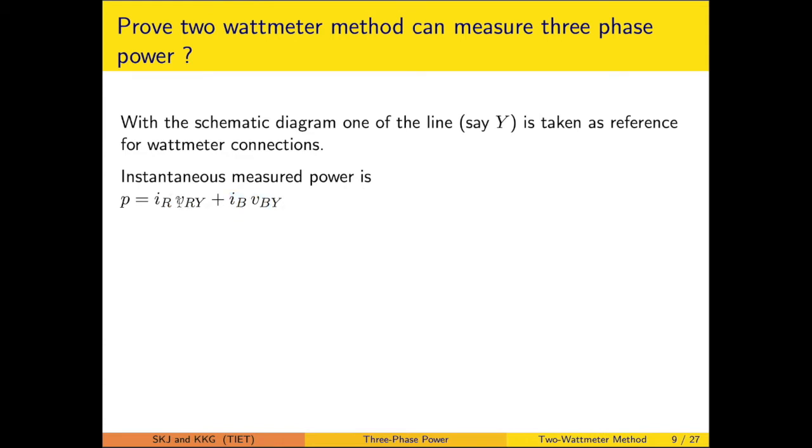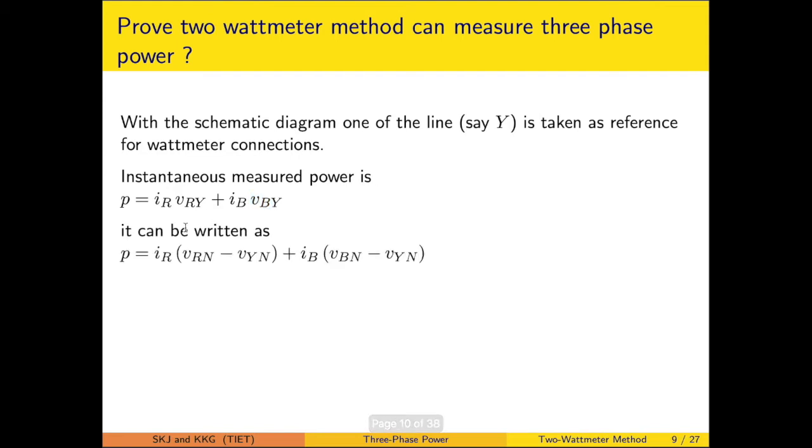VRY is a line voltage of R with respect to Y, and VBY is a line voltage of B with respect to Y. We will express these voltages in terms of the phase voltages.